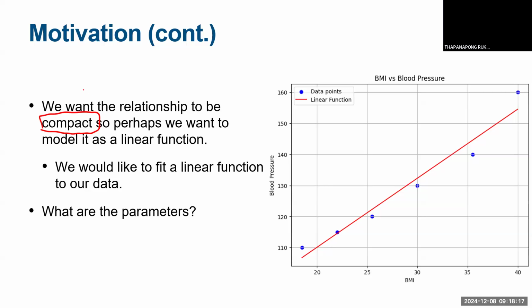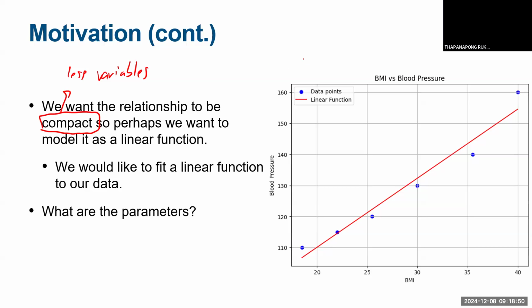So by compact, I want fewer variables. If we want to explain the relationship, I need to have some information. Maybe it is a line. How can I describe a line? What is the minimum thing that I need to describe a line?